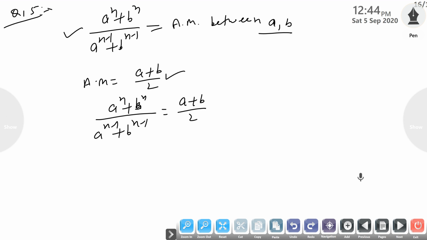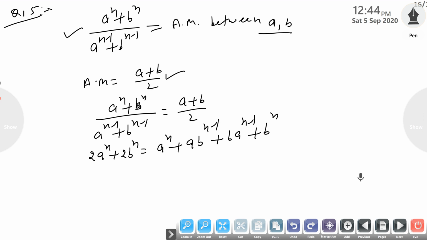Cross multiply, we get 2a^n plus 2b^n equal to a^n plus a into b^(n-1) plus b into a^(n-1) plus b^n.